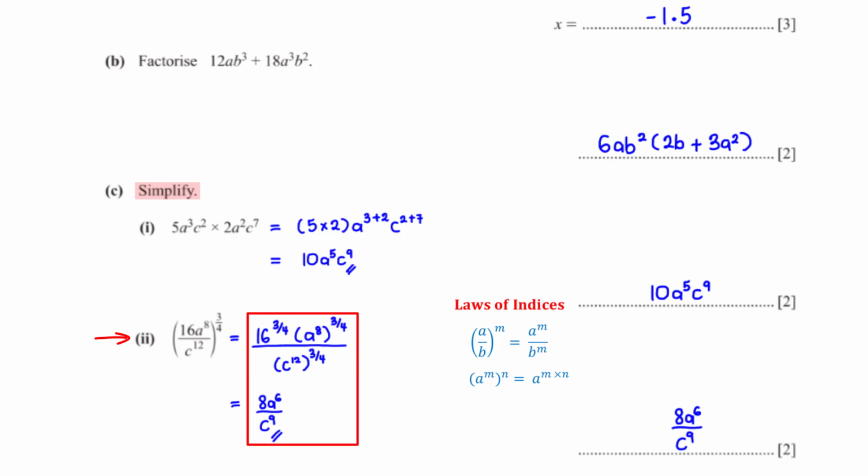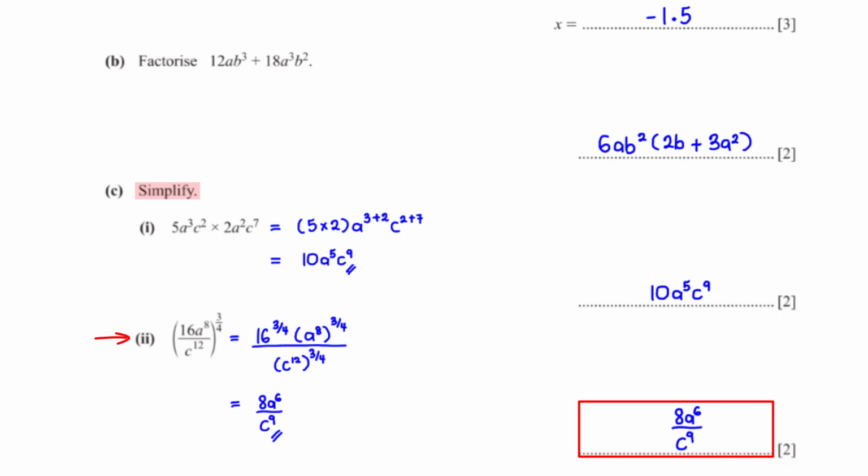The powers of a multiply. So 8 times 3 over 4 gives us 6. The powers of c multiply. 12 times 3 over 4 gives us 9. So we have 8a raised to the power 6 over c raised to the power 9.